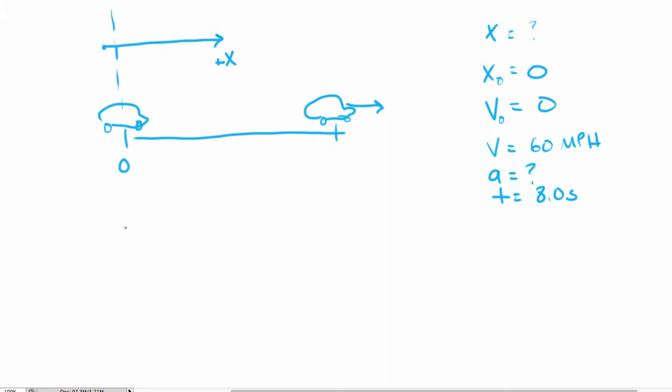Believe you me. All right, so the first thing I need to do is convert my 60 miles per hour to SI units. So let's do a quick conversion. 60 mph. Does anybody roughly know off the top of their head how miles per hour converts to meters per second? 100 kilometers per hour. Yes, that's right.